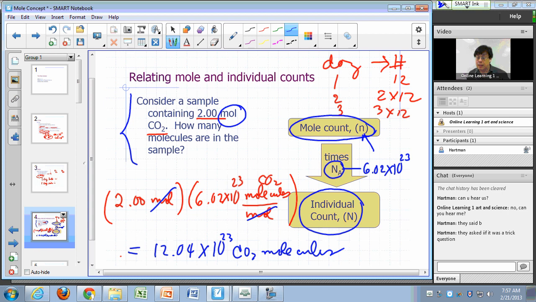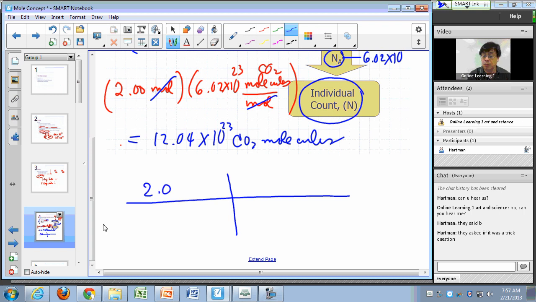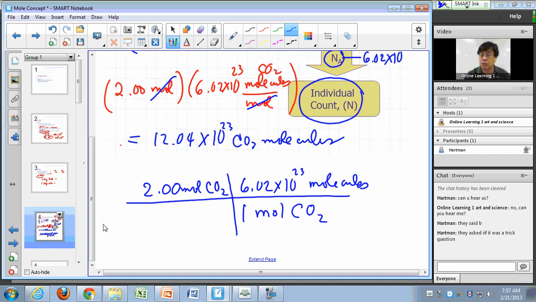Now, you can see that this is essentially a conversion type calculation. So if you prefer to do it using what's called the picket fence approach, you can just say 2.00 mole CO2, and then you put down here 1 mole CO2 is 6.02 times 10 to the 23rd molecules.